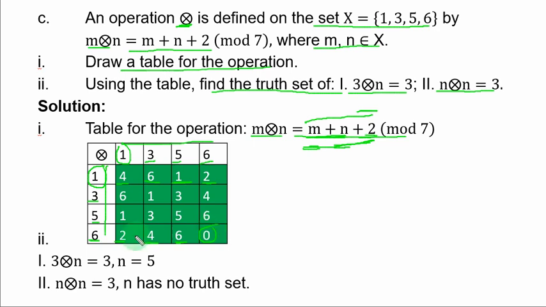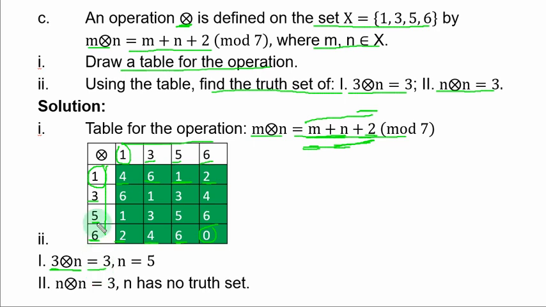Remember, we got part 1: 3 times n equal to 3. What that means is that m is equal to 3 and n is equal to n. Now, which value of n will you multiply by 3 to get remainder of 3?